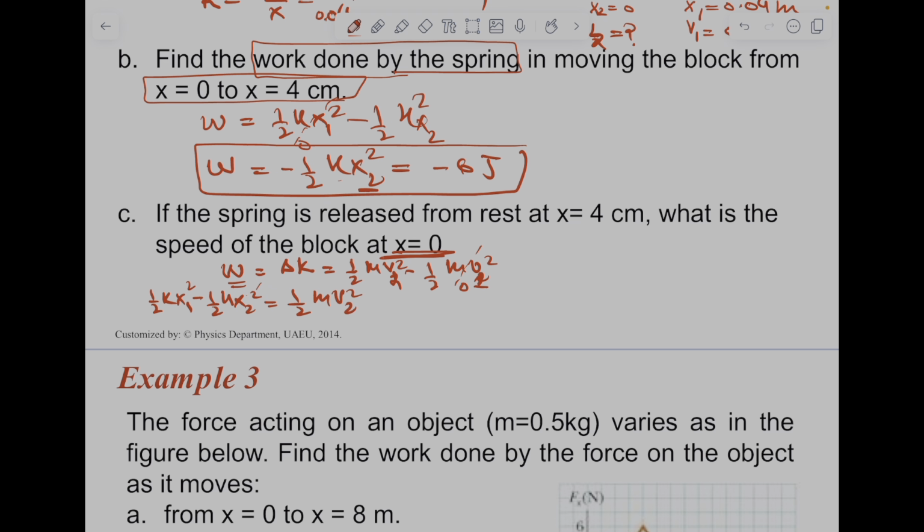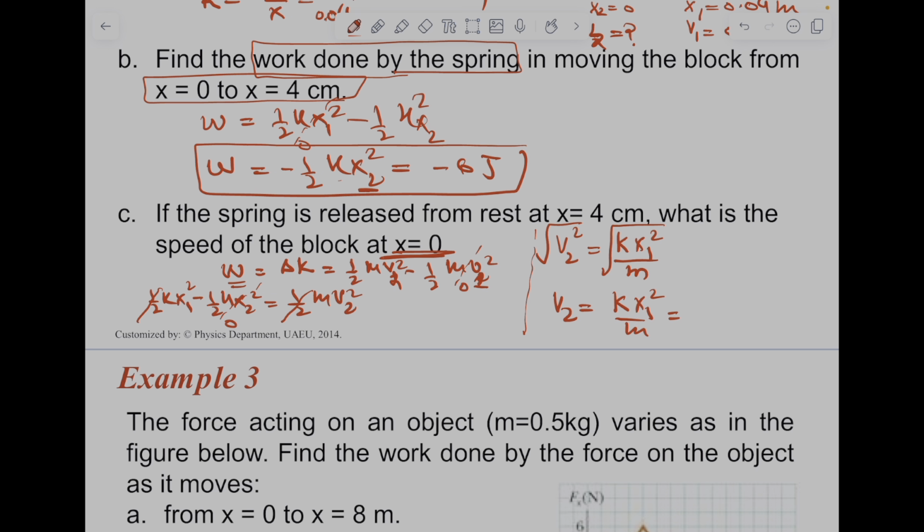So x2 is 0, so the halves cancel out, and your v2 squared is kx1 squared divided by m, and then you take the square root on both sides.